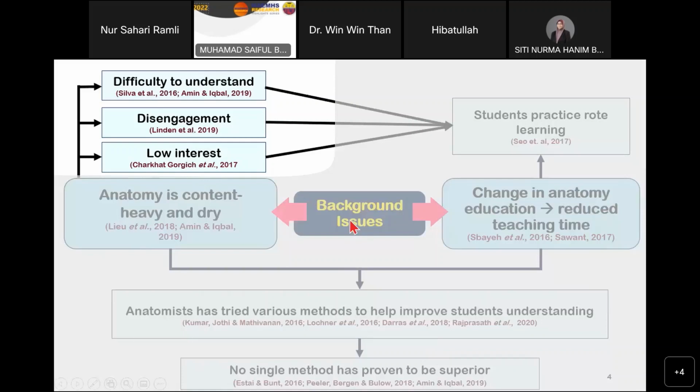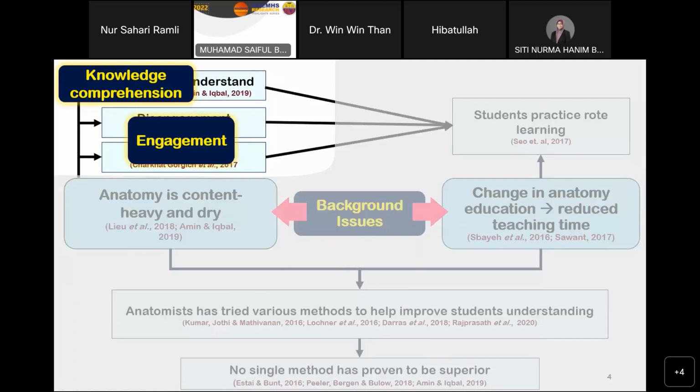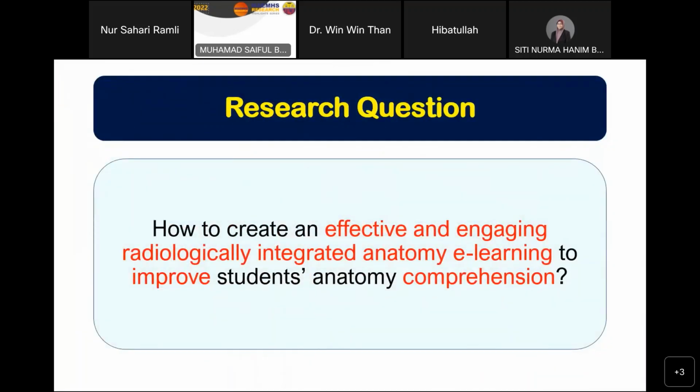We would like to enhance knowledge comprehension and foster engagement in students, but at the same time, does it impose extra cognitive load when creating the tool? So basically, the main question that we try to answer from this review article is what are the steps to create an effective and engaging radiologically integrated anatomy tool. In this case, we have chosen e-learning to improve students' anatomy comprehension.